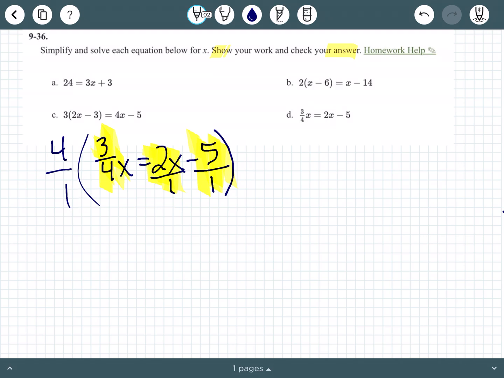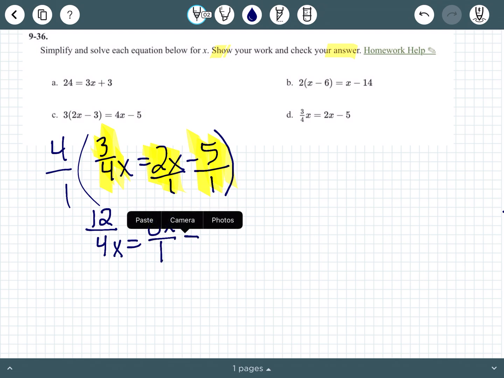So 4 times 3 would give me 12. 1 times 4x gives me 4x, equals 4 times 2x gives me an 8x over 1 times 1 is 1, and then minus 5 times 4 is 20, and 1 times 1 is 1.